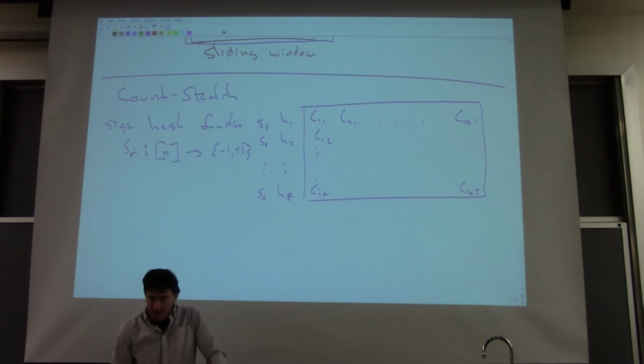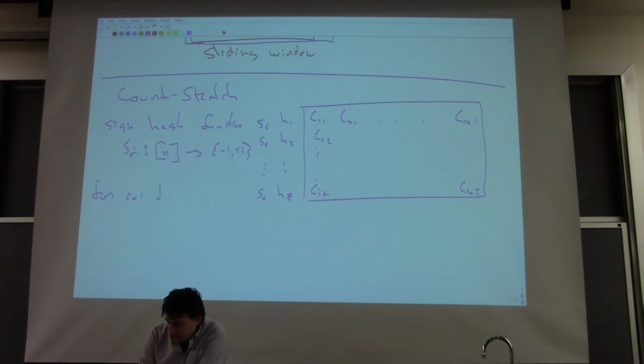Okay, and so now my algorithm is going to be, for i equals 1 to m, for each hash function r equals 1 to t, I'm going to do C_r, h_r(a_i) gets C_r, h_r(a_i) plus the sign s_r(a_i).